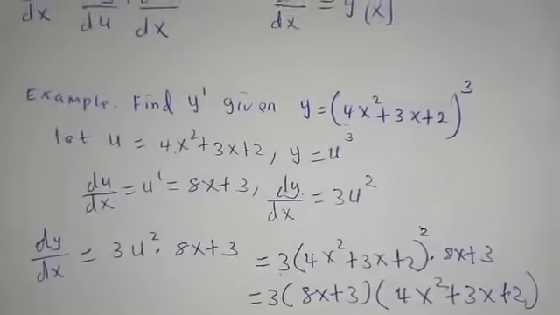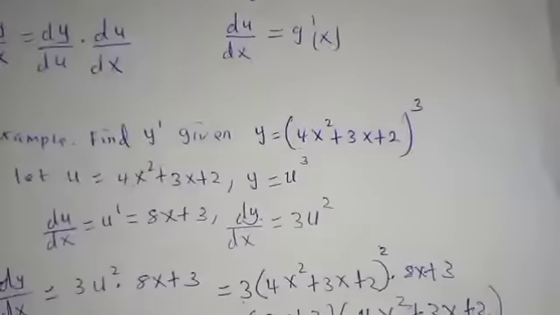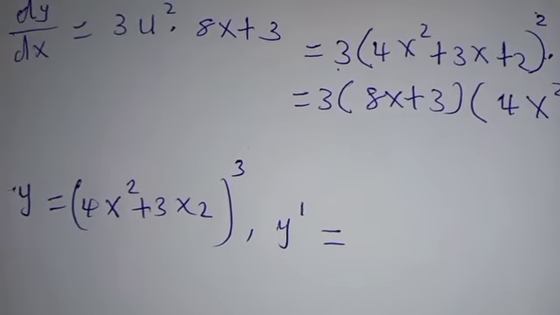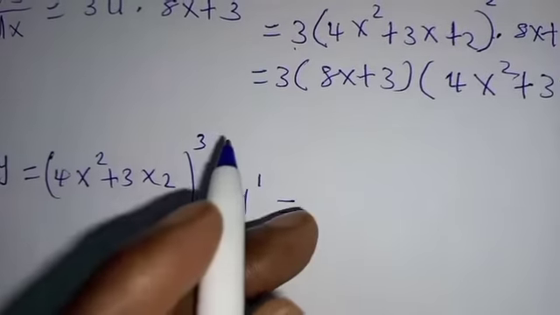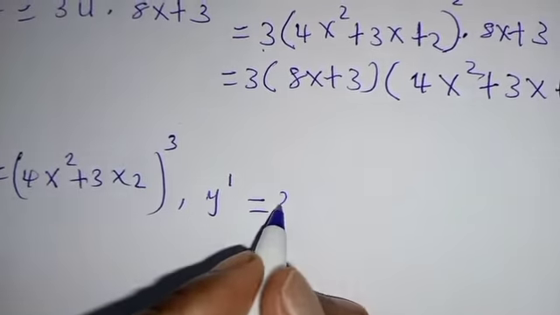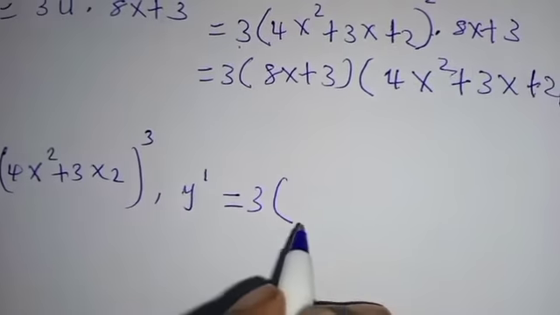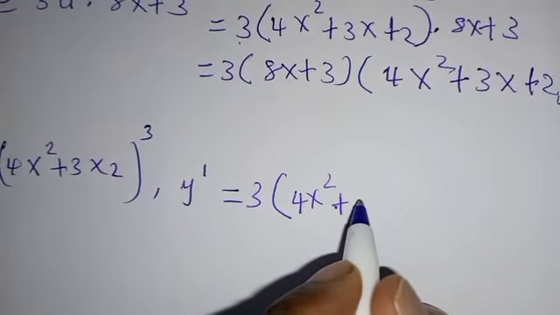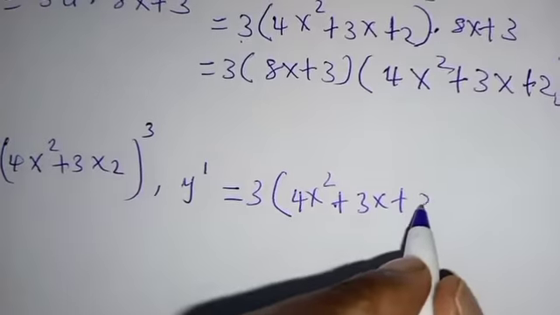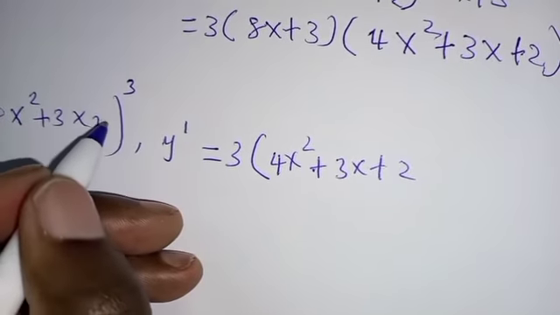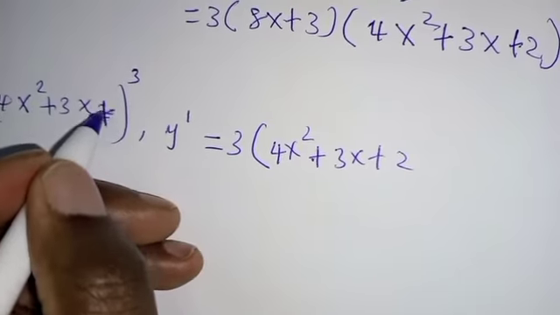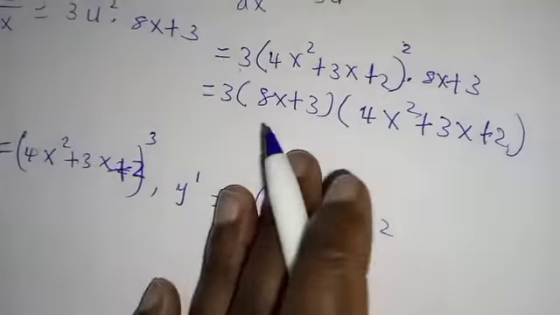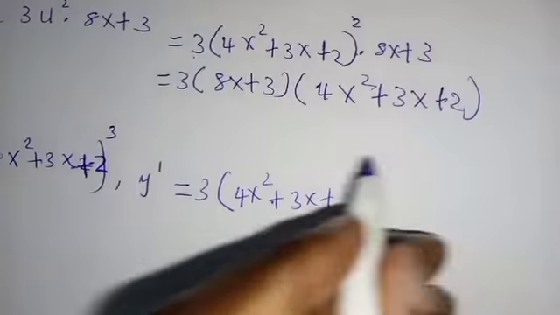So that is how we apply the chain rule to obtain the derivative in a very few step method. We can obtain our result here by the direct method, whereby you drop the index, which is 3. Then you keep whatever is in the bracket constant, 4x squared plus 3x plus 2, and close the bracket and you reduce your index by 1.